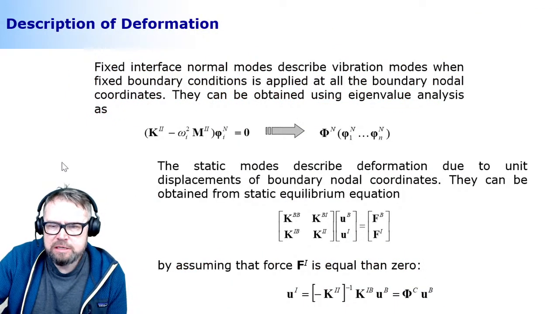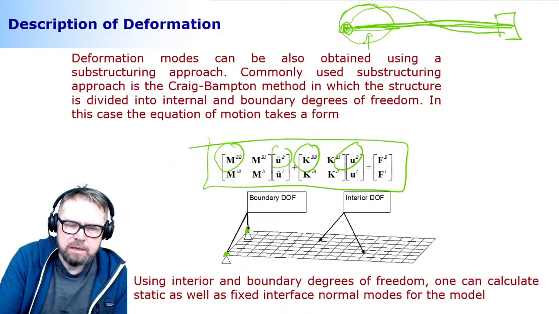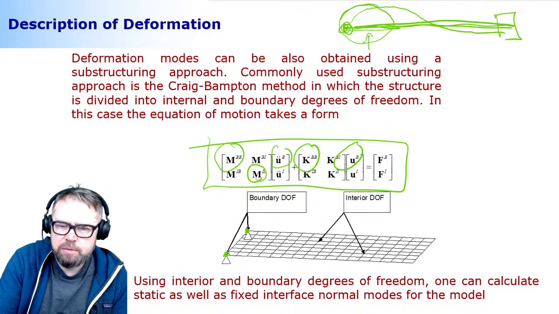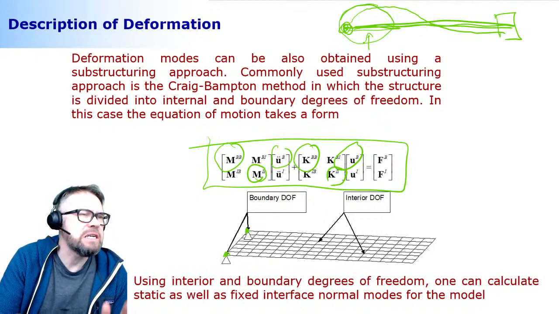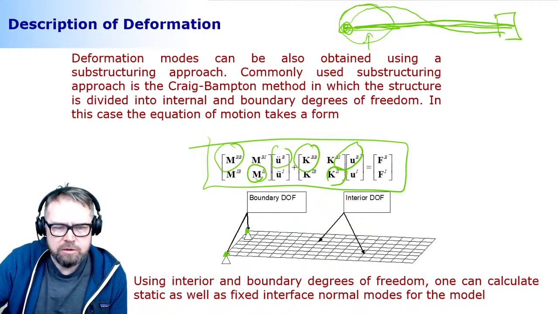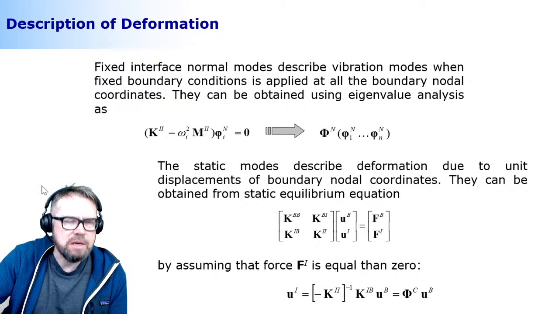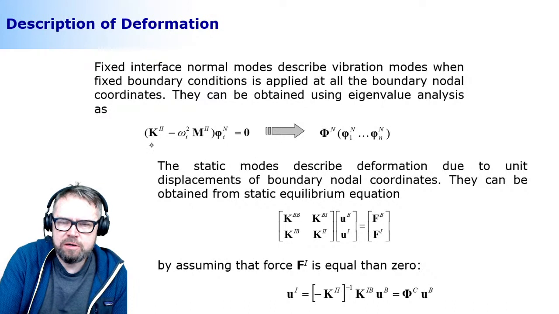Once the rearranging is done, you take a look at this part and this part, which is just the interior nodal degrees of freedom, nothing else. You conduct an eigenvalue analysis for those submatrices, and you get the modes associated with the interior degrees of freedom.